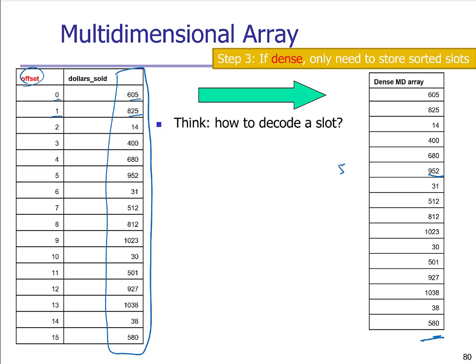So we don't really need to store the offset as long as it is dense. Okay, and by doing this, we can further reduce. Previously, it's 8 bytes times 16. We can further reduce it to 4 bytes times 16. So this is what we do for the dense case.